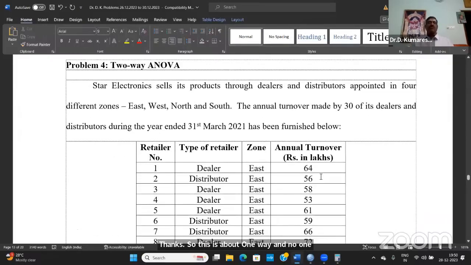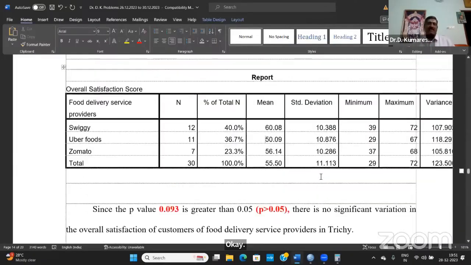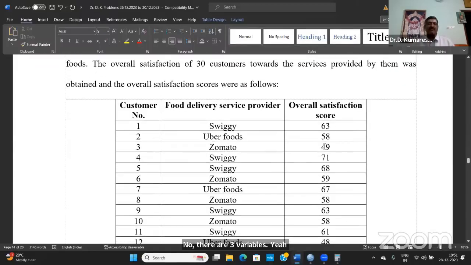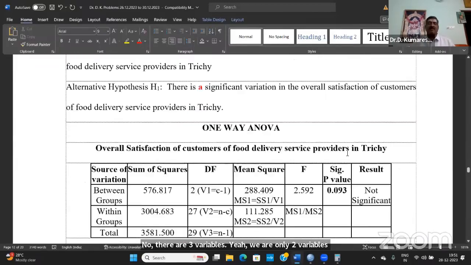Then we will go to the two-way ANOVA. I told you, if there is more than one independent variable and one dependent variable, now there are three variables. Earlier only two variables, service provider and satisfaction score.